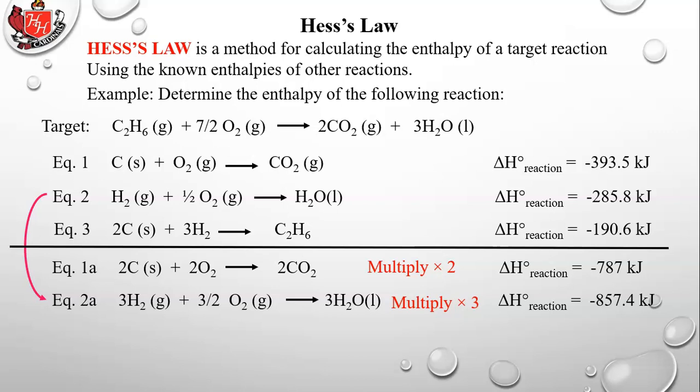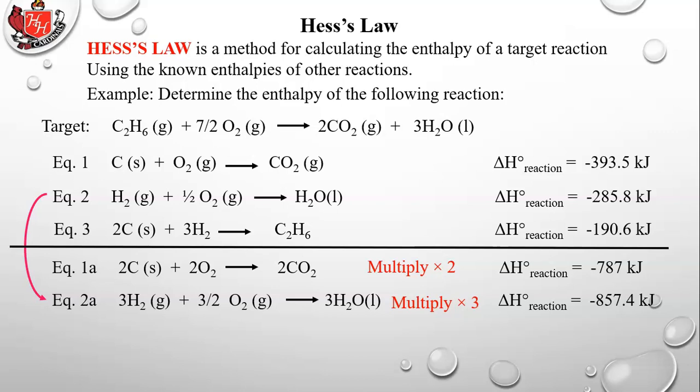The H2O, of course, gets multiplied by 3, and the enthalpy also gets multiplied by 3. So negative 285.8 up there in equation 2 becomes negative 857.4 kilojoules down in equation 2A. Now we have the 2 CO2 and the 3 H2O matching up on the right side of the target equation, so now we're going to move on to equation 3.